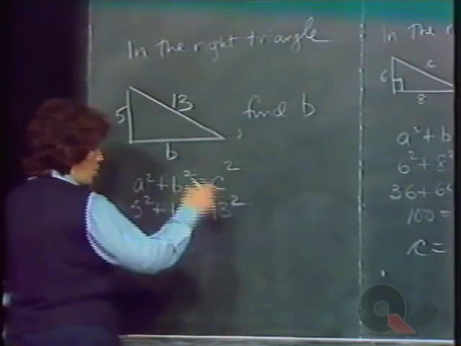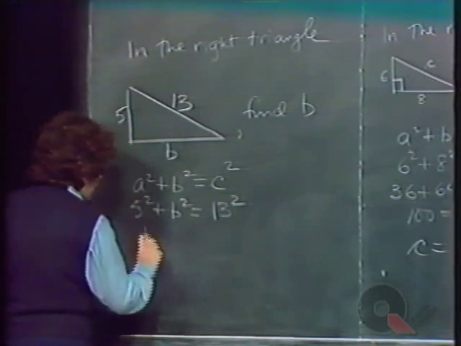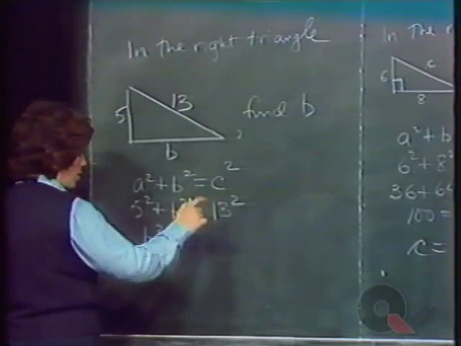You can do the squaring now, or you can subtract. I just want to show you what happens. Let's say we subtract 5 squared from both sides.